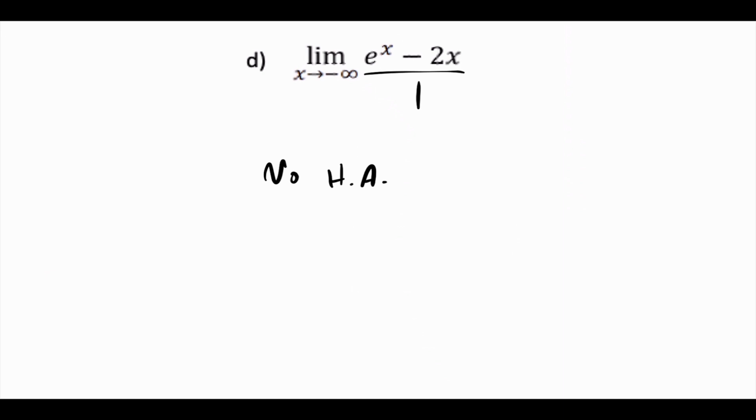How do I know if it's going to be positive infinity or negative infinity? Well, if it was positive infinity here, x to the positive, then I would just say it's going to be positive, right? But we have to do a little mental math because it's negative infinity again. So if I was to plug in a really big negative here, it would look like this. Negative, that big number. I'll just use infinity to say it's a really big number. It's not really infinity, but it's really big.